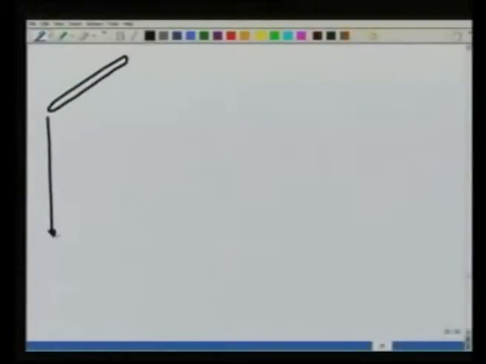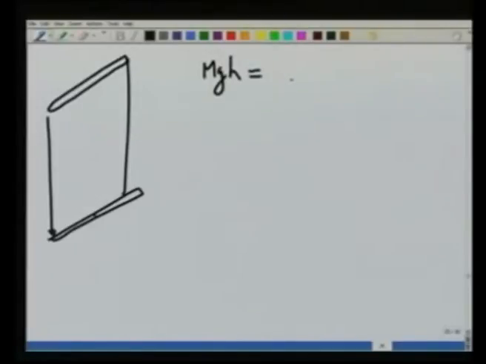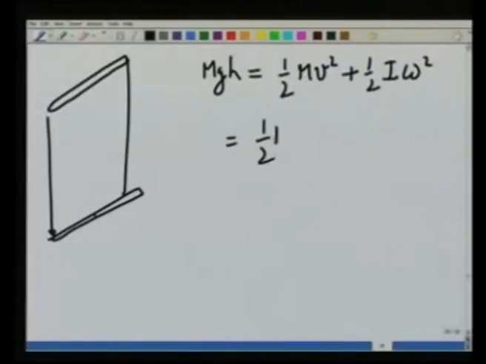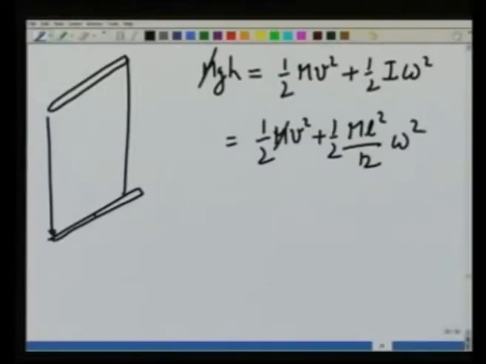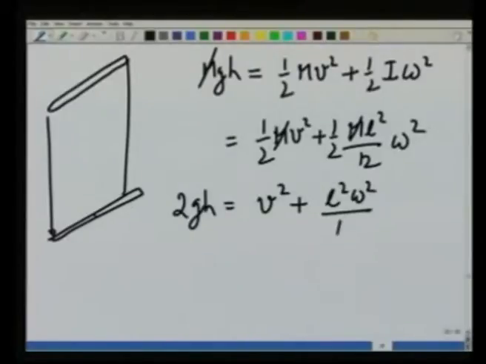The energy conservation tells me that the kinetic energy it gained while being dropped, which is equal to mgh, should be equal to its energy right after rebound, and that is going to be 1/2 mv squared plus 1/2 I omega squared, which is equal to 1/2 mv squared plus 1/2 m L squared over 12 omega squared. m cancels, and therefore you get 2gh equals v squared plus L squared omega squared over 12.